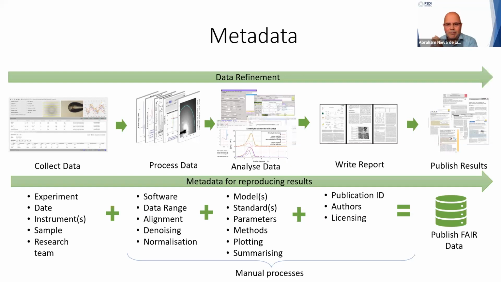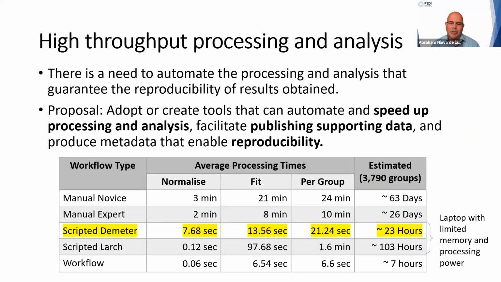So it's an additive process. And especially the last part, when we are publishing, this is mainly a manual process where the researcher has to document their data sets before publishing them in some repository. We already proved that many of these tasks can be automated.